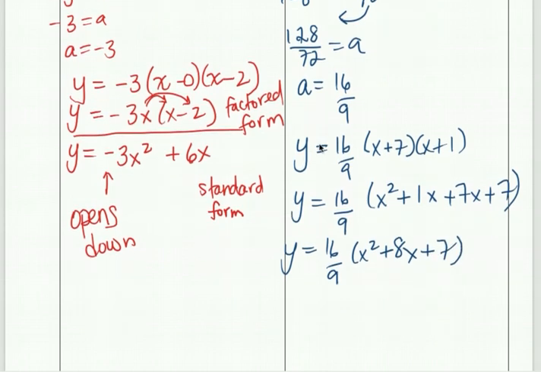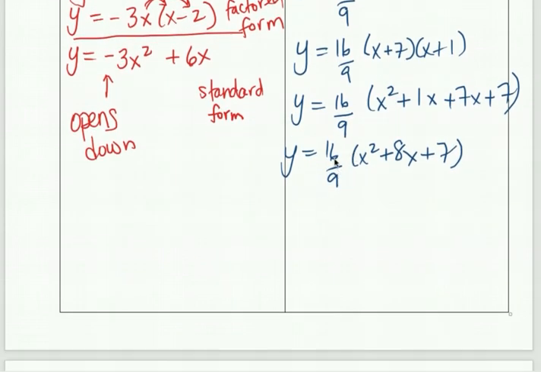Almost there. Now we're going to multiply this fraction in. Standard form doesn't have any brackets, so I know you've just spent a lot of time factoring. You want to leave the GCF out there, but you have to multiply it in. So 16 over 9 multiplied in becomes 16 over 9x squared.